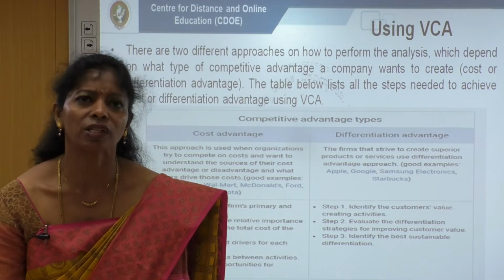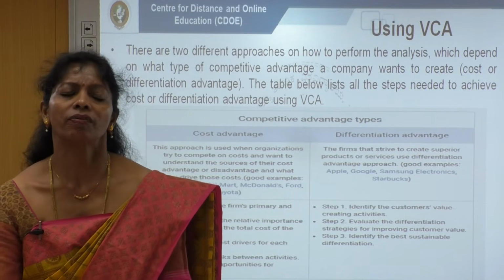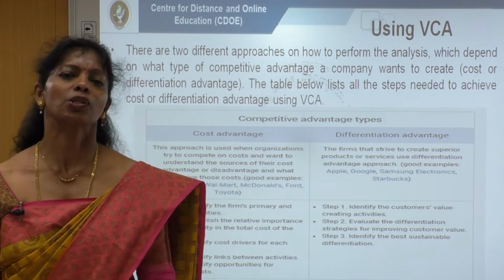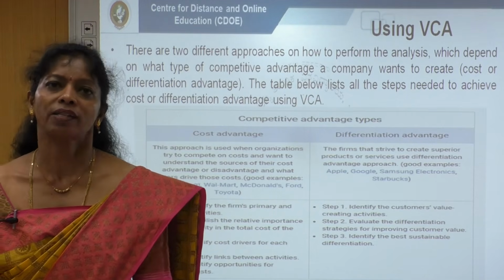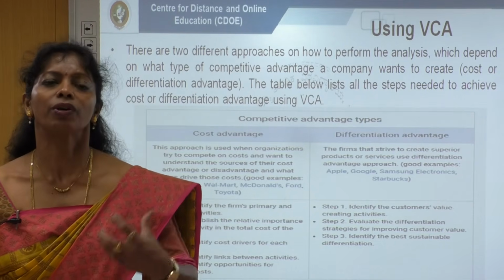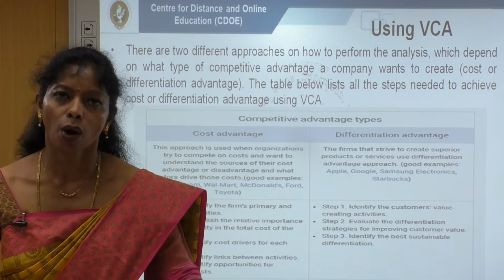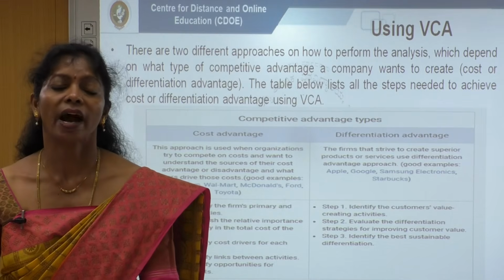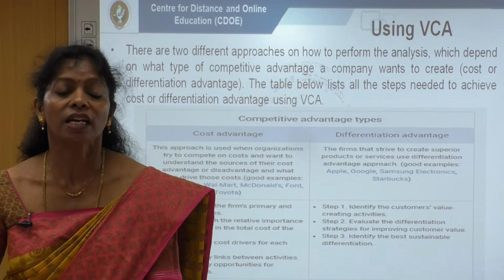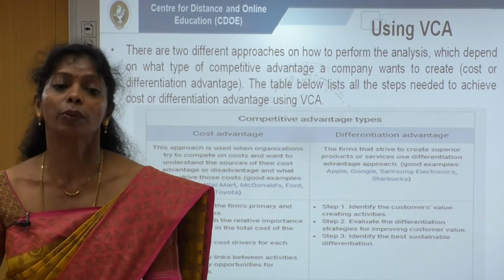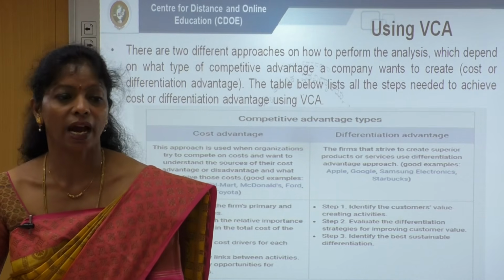There are so many activities, so it is all interlinked. The functional areas or different departments are part of the organization in the production process before the product comes into the market. So there is internal coordination among the departments, and that's where the cost drivers for each activity are identified, and the links between the activities also need to be identified.